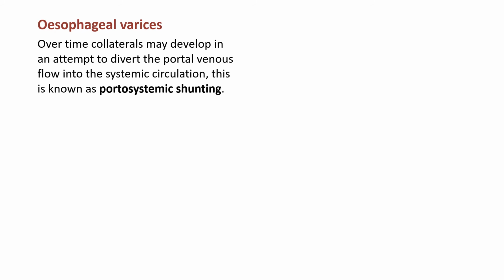In other words, it's trying to move the blood around the liver and avoid the liver. Of course, that's not going to help in terms of malabsorption, because the blood's bypassing the liver. We can't metabolize those enteric solutes and use them. So it's not a great solution, but it happens. It's called portosystemic shunting.